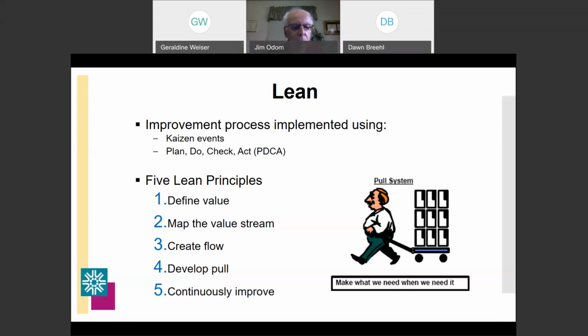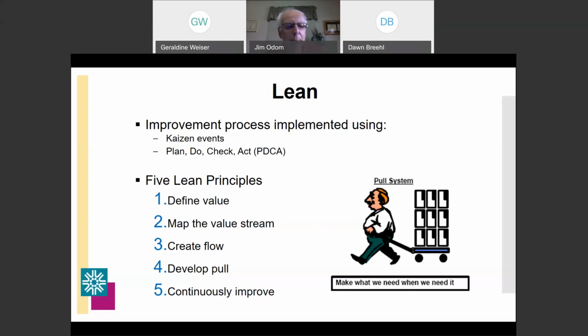And one of the tools that we look at in creating flow is to continually reduce the batch size that we get involved in. The 4th principle is developing pull. And pull is basically requesting from the previous operation the material that you need for the subsequent operations.